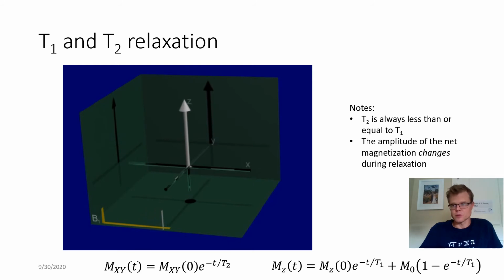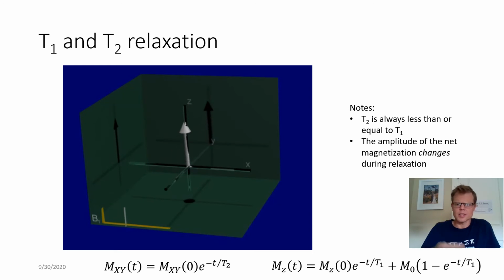A couple of notes to make about T1 and T2. First of all, for physical reasons, T2 is always less than or equal to T1. And the other thing you can note from this is that the amplitude of the net magnetization is actually changing during relaxation here.